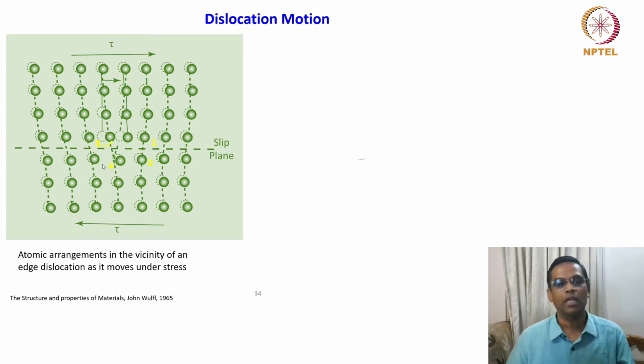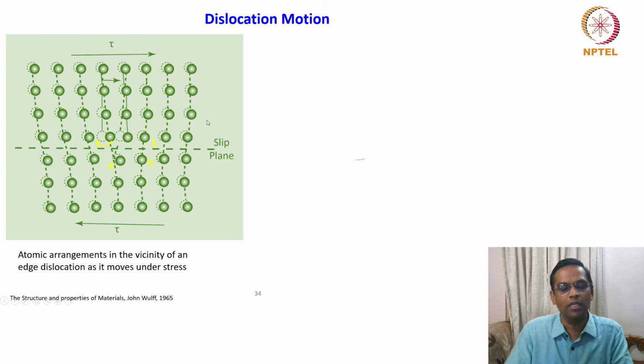Otherwise, the work done by the external shear stress gives this energy balance. Then the atom will move from that position, and if the external stress is good enough to move it to the extreme right, then this crystal will slip. So this is one way of looking at it.